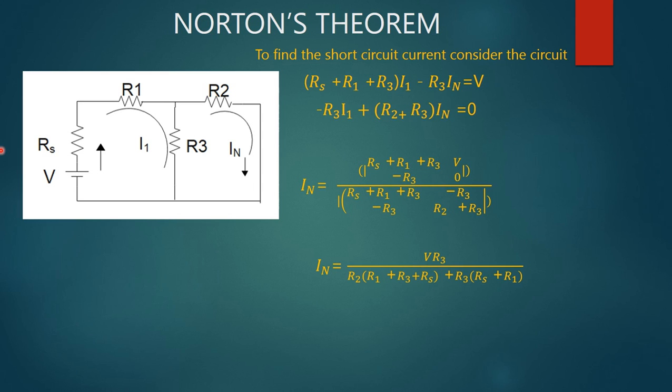To find the current flowing through the load resistance in Norton's equivalent circuit, we have to find the short circuit current. To find this, consider this diagram, where the load resistance RL is shorted and the current passing through this terminal is IN.